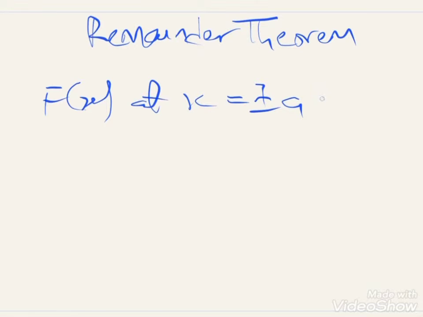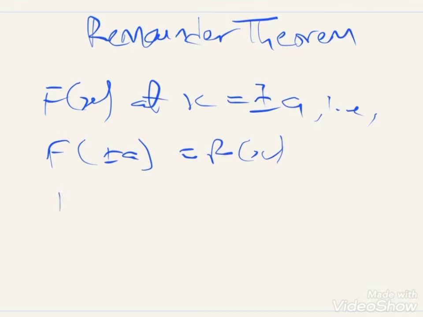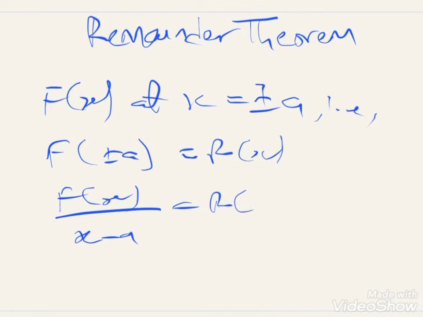That will give f of plus or minus a equals r of x. So when f of x is divided by x minus a, we shall have a remainder r of a. By direct substitution, we can have our remainder without the use of the long division method.